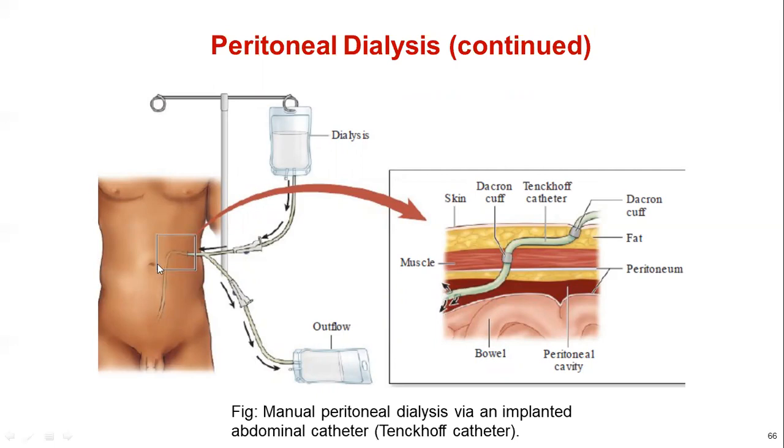But keep in mind, during the insertion, perforation of an organ will cause a problem. So this picture shows the different layers of the abdomen: the outer layer the skin, then the subcutaneous layer, the muscle layer, and then the peritoneal membrane.